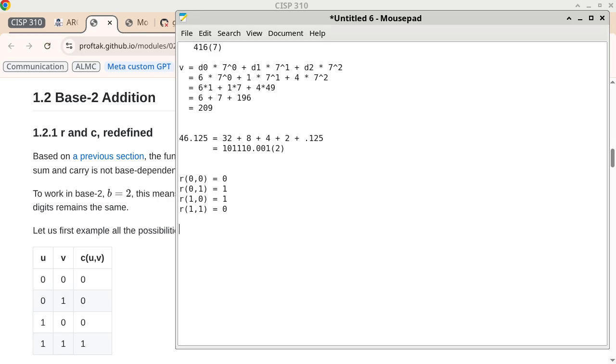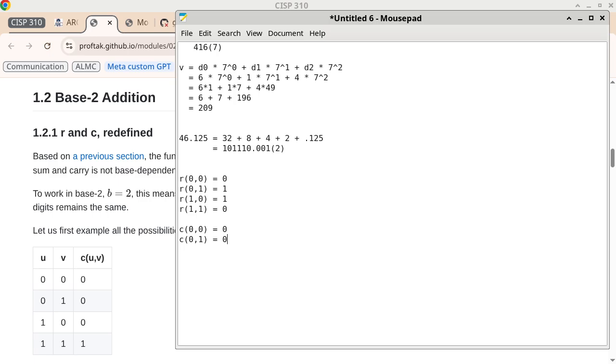What about the C function? Same thing. We now look at C of 0, 0. What is the carry of 0 plus 0? 0. What is adding 0 to 1? What is the carry in this case?